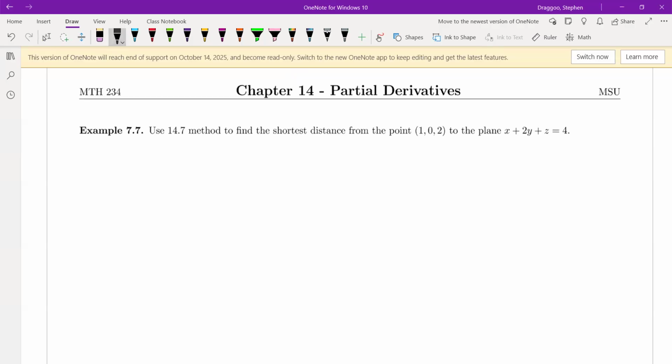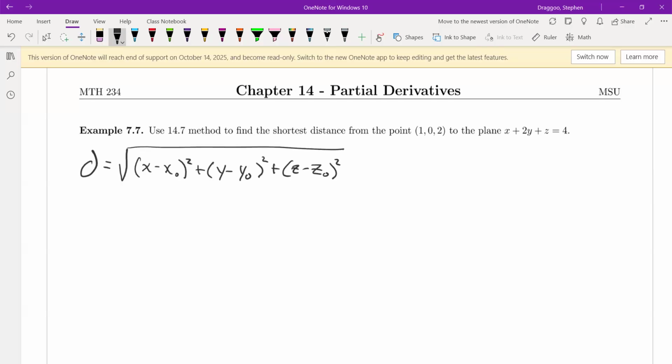Let's do it. So what thing am I trying to find the minimum value of? Well, I need to go to the distance formula, which is x minus x naught squared plus y minus y naught squared plus z minus z naught squared. All of that is underneath a square root.